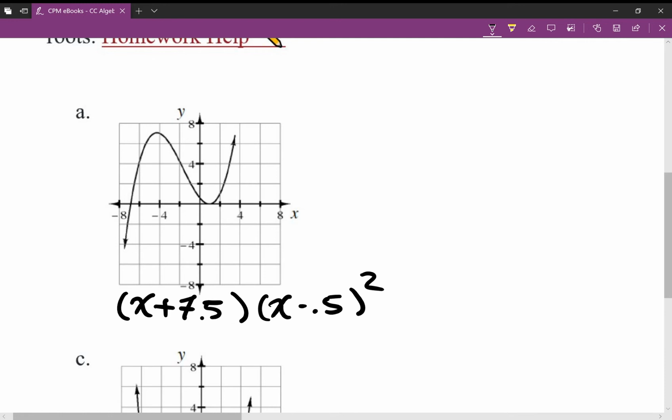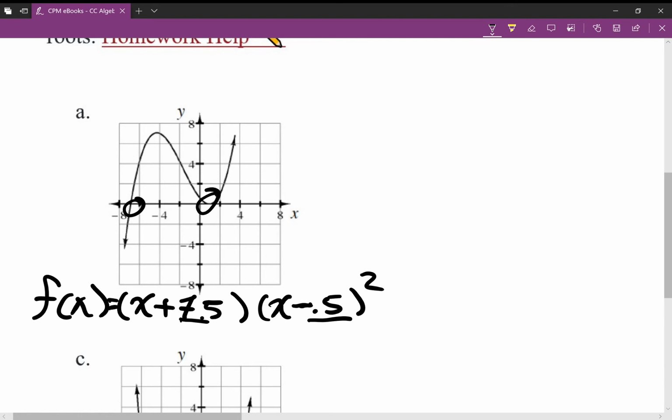So that would be a potential equation for that. Of course, I don't know what the real roots are, but I kind of guesstimated with these roots there. f of x equals that.